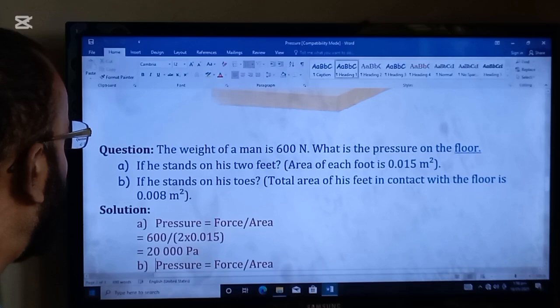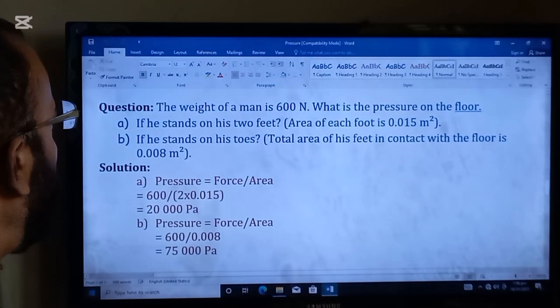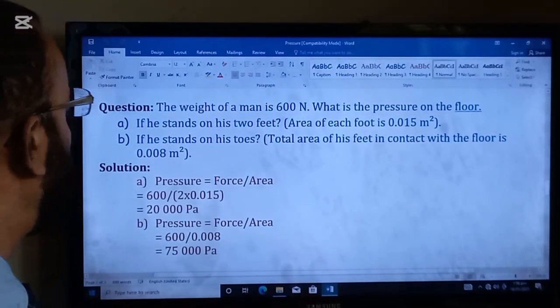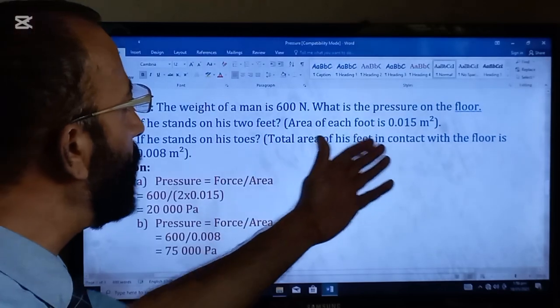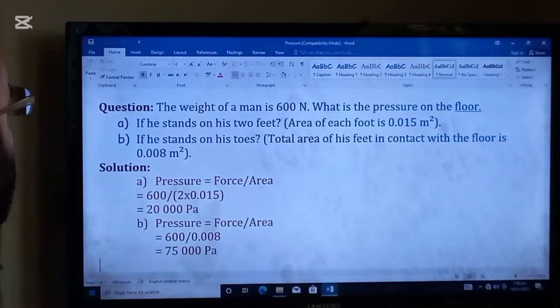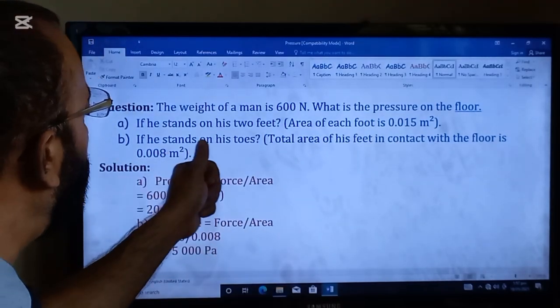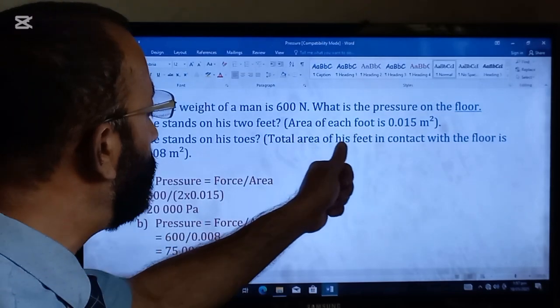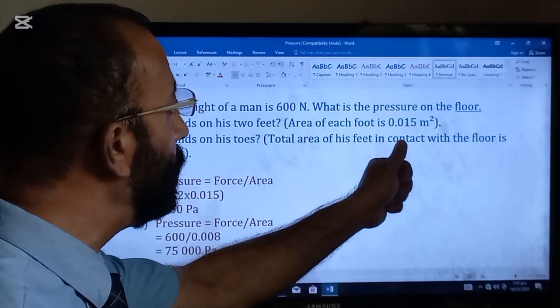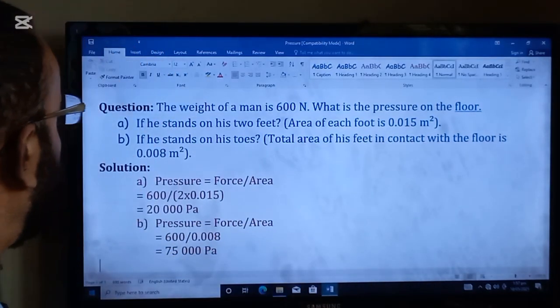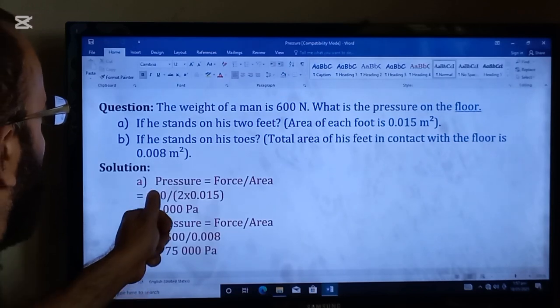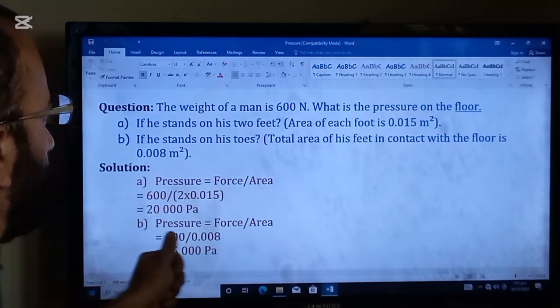Here is a question. The weight of the man is 600 Newton. What is the pressure on the floor if he stands on his 2 feet, and the area of each foot is 0.015 meters square? The formula is pressure is equal to force over area.